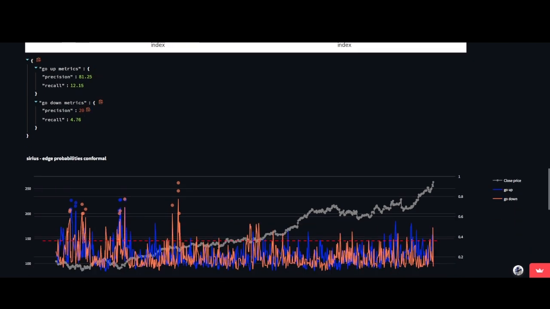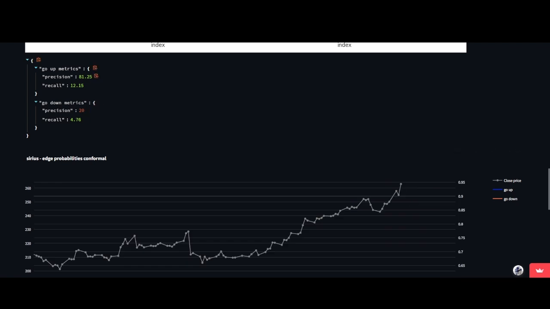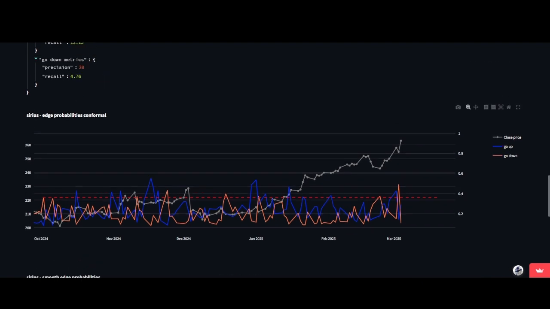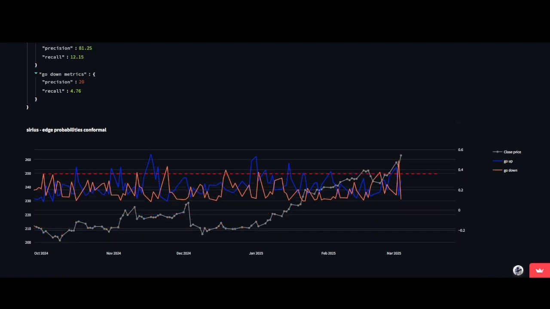Well, apparently this model works badly with going down, but it works pretty well with going up. So what does it mean? Maybe this signal is wrong. According to this model, to capture that this stock is gonna fall, the model is gonna make a mistake, which is good news. It means that this signal is very likely a false positive. While on the other side, this signal is quite strong and reliable. It's 81%.